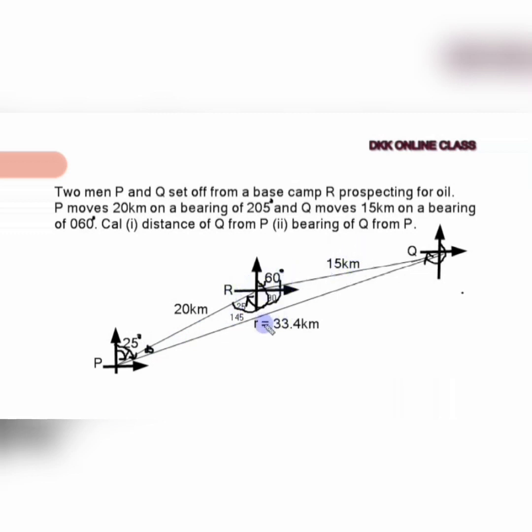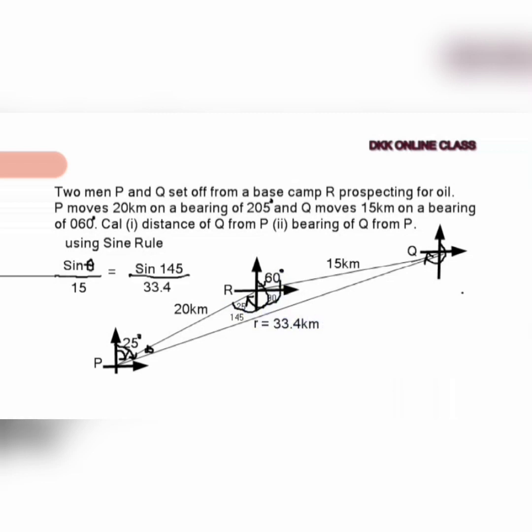So to find this theta, we are going to use the sine rule. So using the sine rule, we have sine theta over 15, that is the side facing theta, equal to sine 145 divided by the side, which is 33.4.